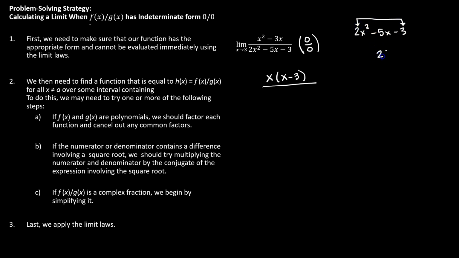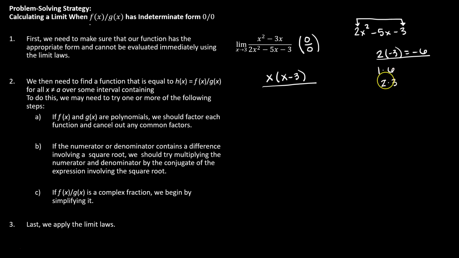So I multiply 2 times negative 3, which is negative 6. Then I list out all the factors that I can have for negative 6. So I could have 1 times 6, where one of those numbers has to be positive, one of them has to be negative, or I could have 2 times 3. Again, one of those has to be positive, one of them has to be negative.